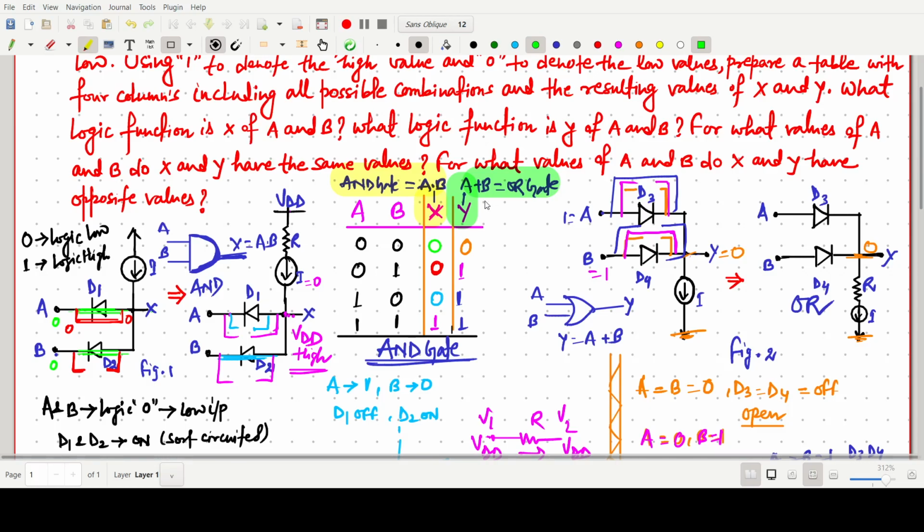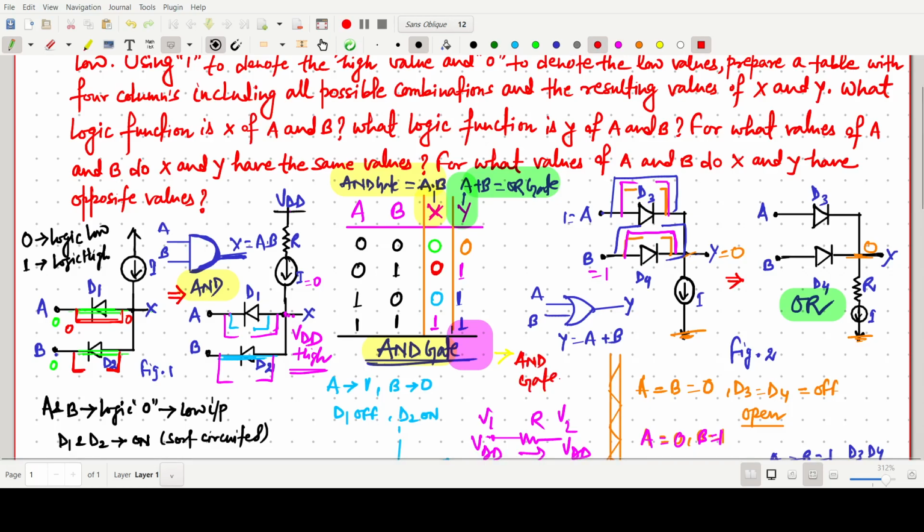Very simple. Y is our OR gate, and this one is our AND gate. I have already written here, and these two tables are for the AND gate. This yellow one is our AND gate.